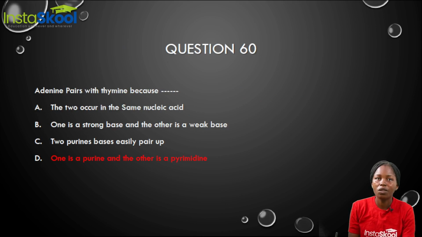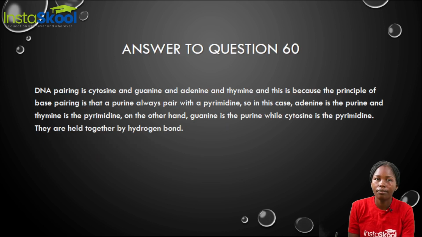Lastly, we move on to our question 60. Adenine pairs with thymine because in DNA pairing, cytosine pairs with guanine and adenine pairs with thymine. This is because the principle of base pairing states that a purine must always pair with a pyrimidine.